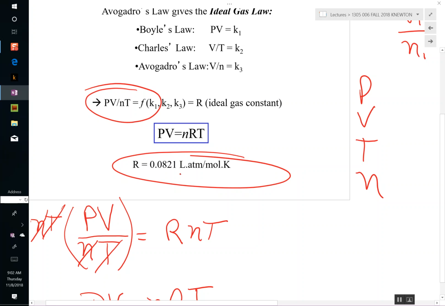And notice it has units. So the units of R are liters atmospheres per mole Kelvin. So it has the same units that those parameters have.